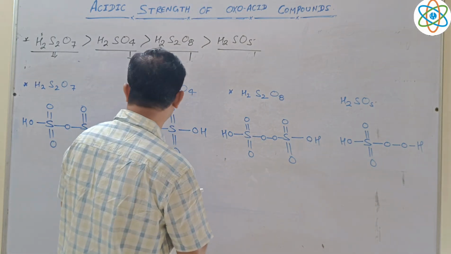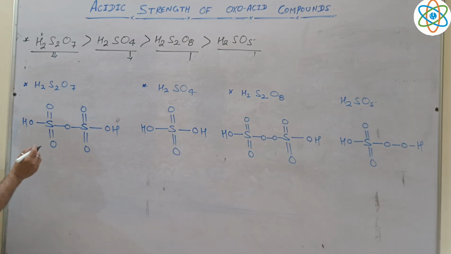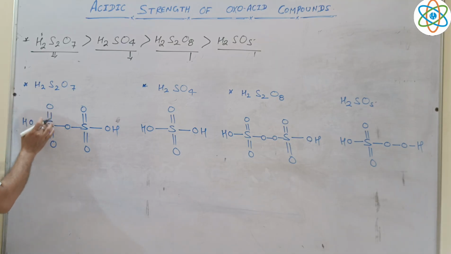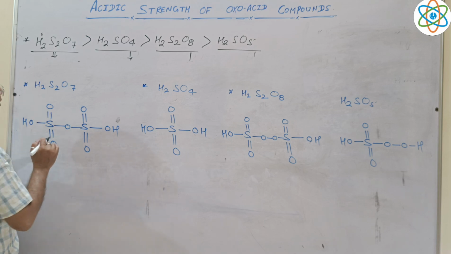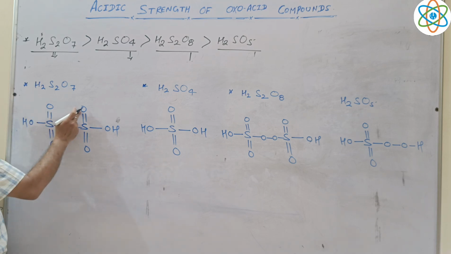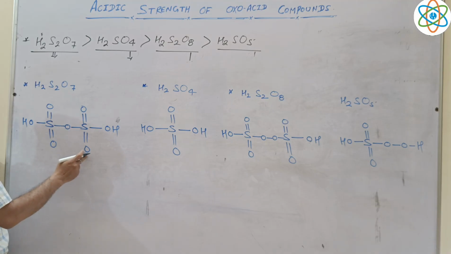Then we are observing here how many is the total number of oxygen atoms attached with the sulfur by a double bond. We have to focus on the double bonded oxygen atoms, not on the single bonded oxygen atoms. Have you got it? Then you will see this is the 1, this is the 2, this is the 3, this is the 4.